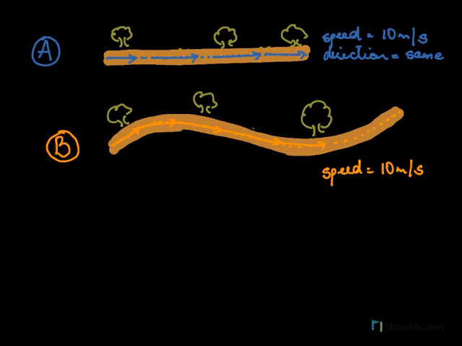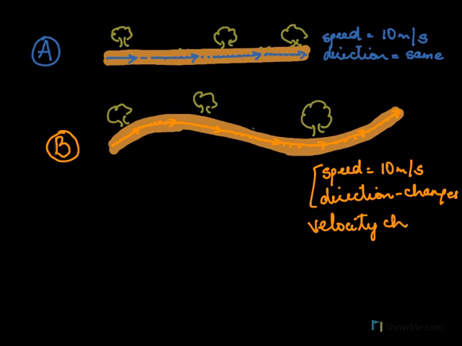So this kind of body, where the speed is constant but direction is not constant, the direction changes. So if direction changes, I will say that velocity changes. Although the speed remains the same, the direction changes, hence velocity changes.